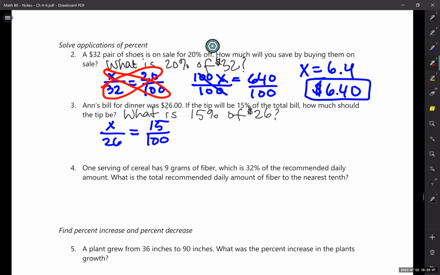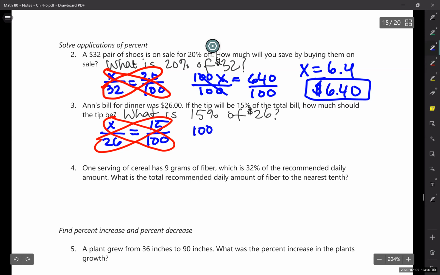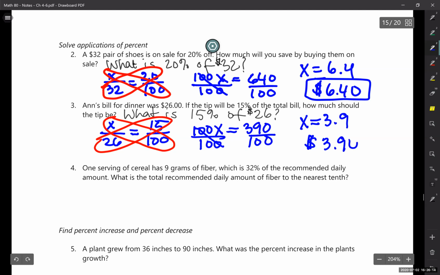The of is our 26. So I have 100x equals, well, 26 times 15 is 390. Divide both sides by 100. We get x equals 3.9. And again, this is a money problem, so I'm going to answer it as a money answer.